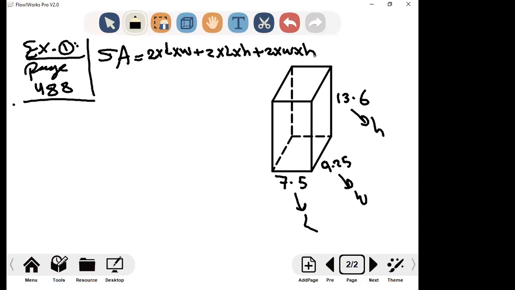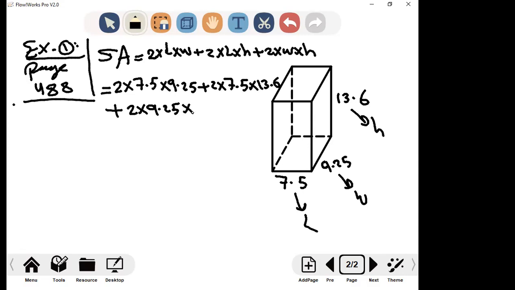Okay, let's go. Equal 2 multiply the length, the width, then what we have here plus 2 multiply the length, the height, plus the last one 2 multiply the width, the height 13.6.